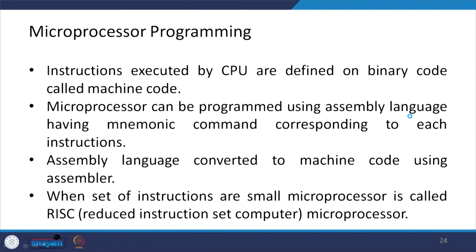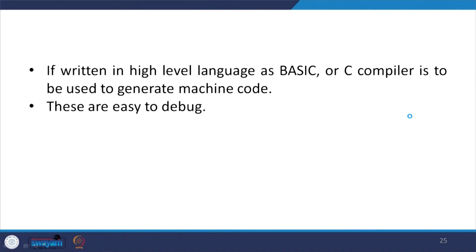Assembly language is converted to machine code using the assembler, and when the set of instructions is small, the microprocessor is called a RISC, the reduced instruction set computer microprocessor. If written in a high level language such as BASIC or C, a compiler is used to generate the machine code, and these are easy to debug.